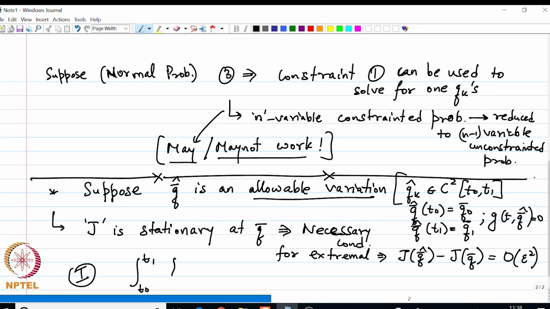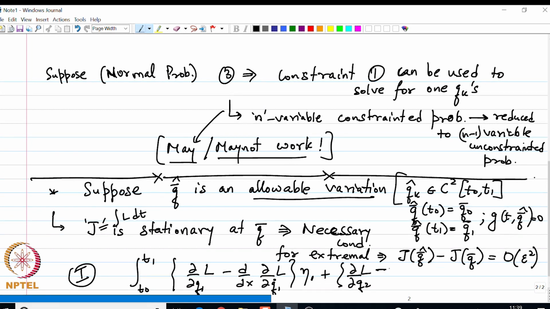We get that this is also equal to the integral of partial q1 of L minus d/dt of partial q1 dot of L, times the first perturbation in the first component eta 1, plus partial q2 of L minus the derivative d/dt of partial q2 dot of L times eta 2, dt.